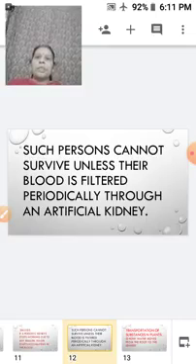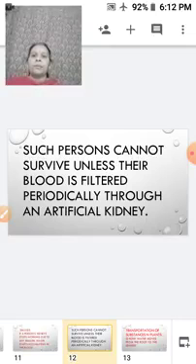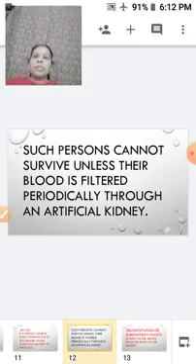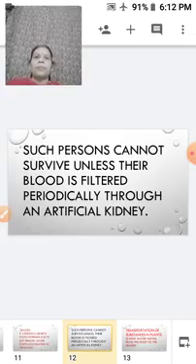Dialysis is an artificial procedure for the removal of waste from the blood. It is done by using a machine. When the dialysis machine is attached to a person, the blood flows through this machine. The machine removes the waste from the blood and returns the clean blood back into the body.